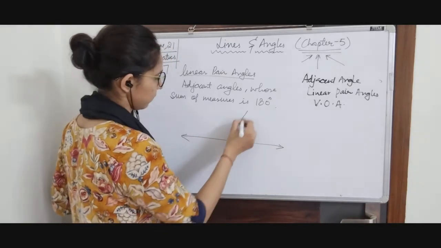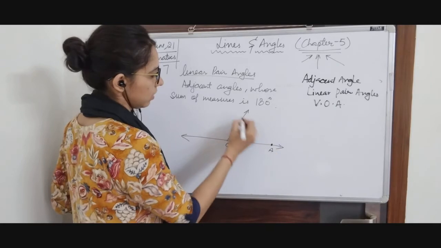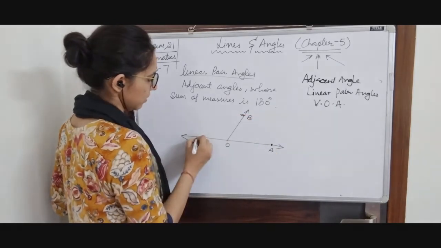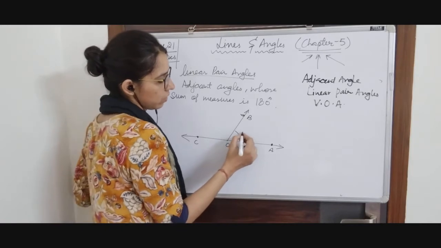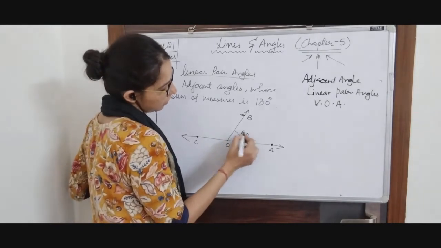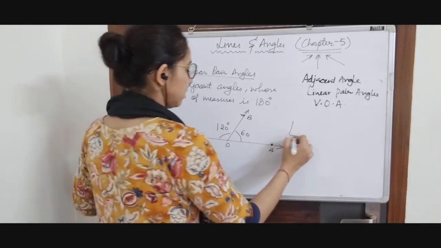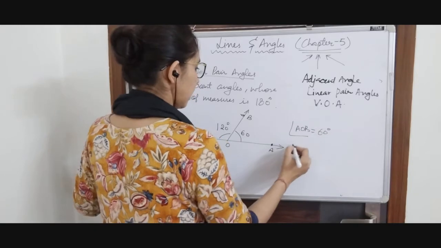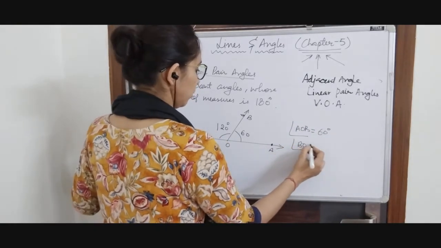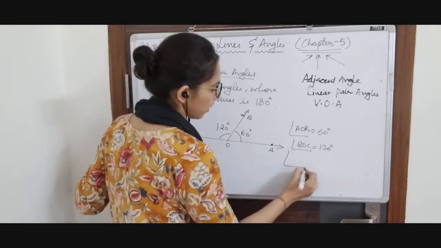Like this. Suppose we have O, A, B and C. Here angle AOB is 60 degrees and angle BOC is 120 degrees.